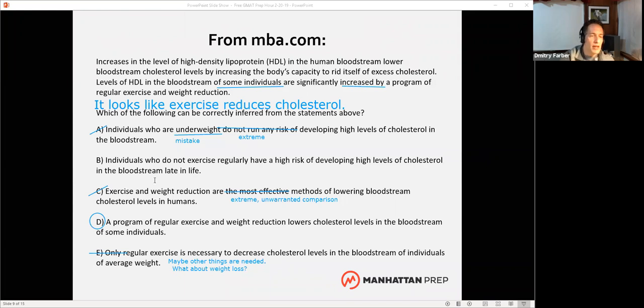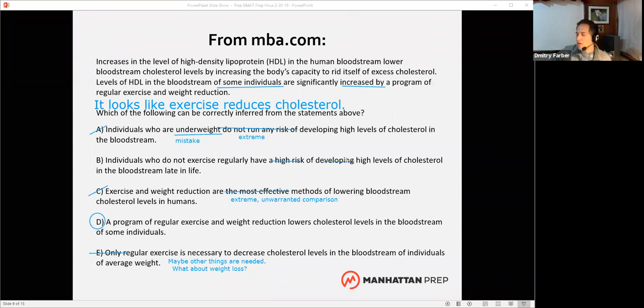B is trying to flip it. We like flips, right? We like the idea of, hey, if you exercise, your HDL is going to go down, or at least it may. So it's possible that people who don't exercise have higher HDL. That's possible, but it's only some people. So we don't know that they have a high risk, and we don't know about developing. Right?